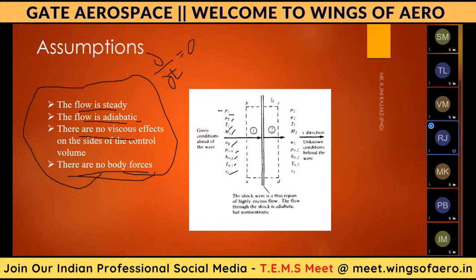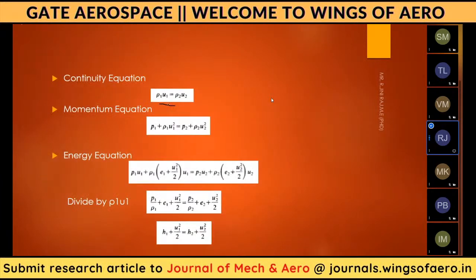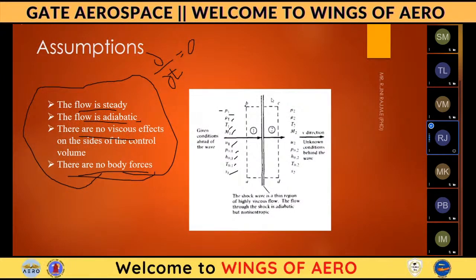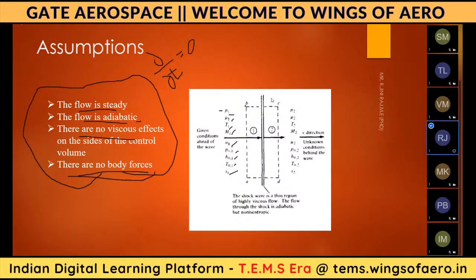I'm skipping that. So for the continuity equation, consider this is a stream tube. In the stream tube we have a shock which is normal to the flow direction, and if it is normal to the flow direction, it is called a normal shock.